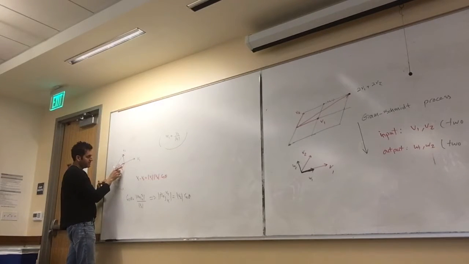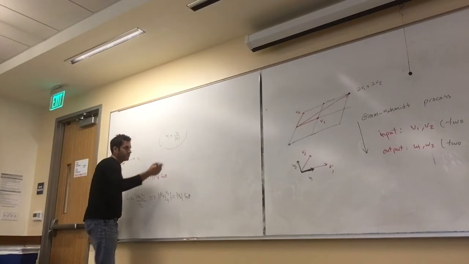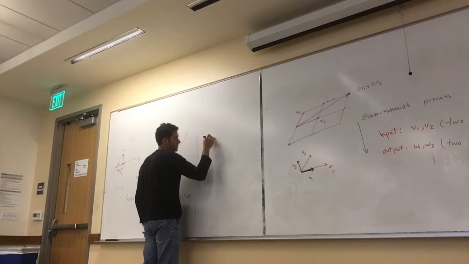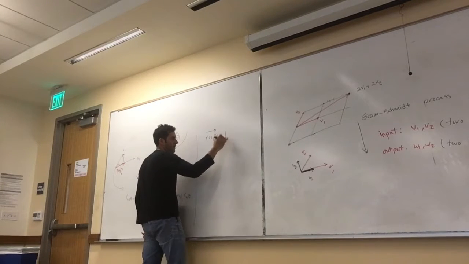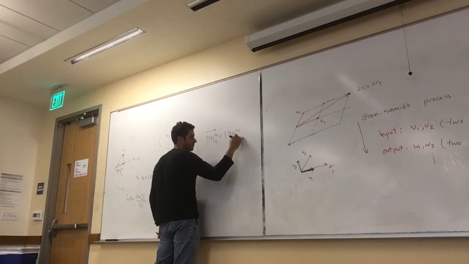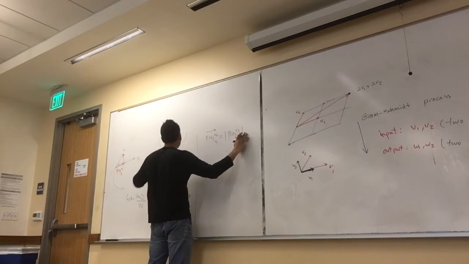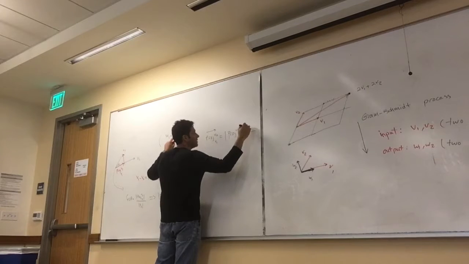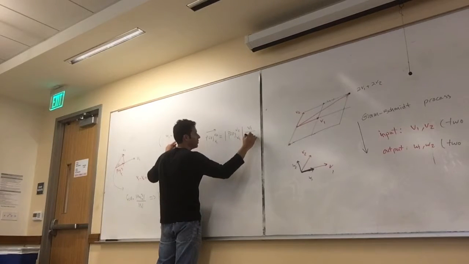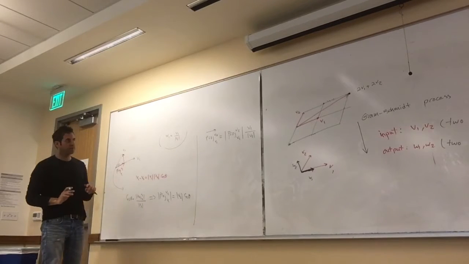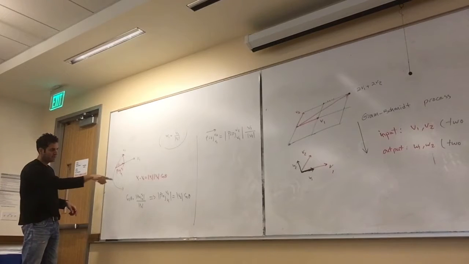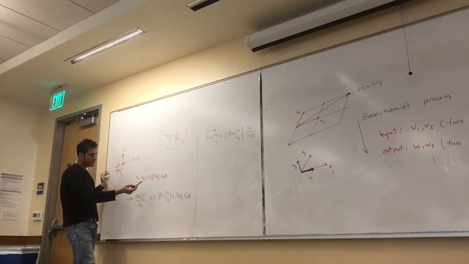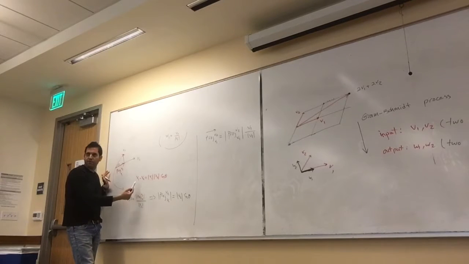So this projection of V2 onto V1 can be figured out as the size of that times this direction W1, which is V1 over the length of V1. That gives you the vector, because I have the size and the direction. But let's dig into this a little bit more. Look at the definition I gave you for the dot product.